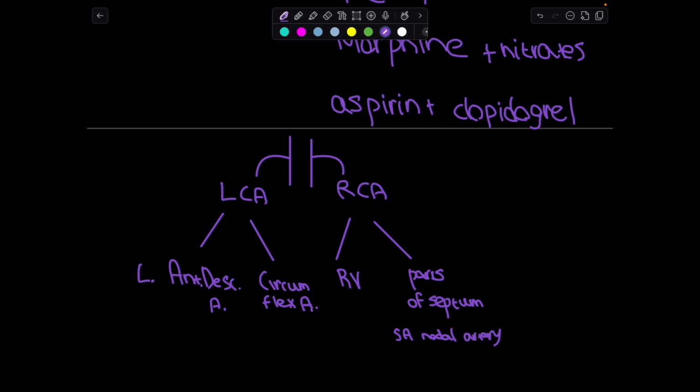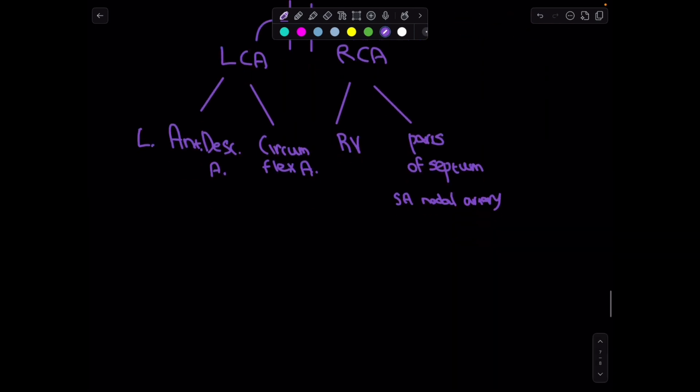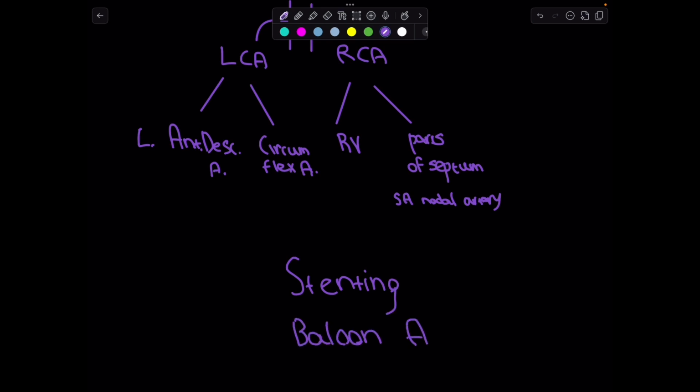Okay. Let's talk a bit about stenting and balloon angioplasty. Balloon angioplasty and stenting are key interventions for ischemic heart disease, particularly in acute coronary syndromes like STEMI or unstable angina, to restore coronary artery blood flow.